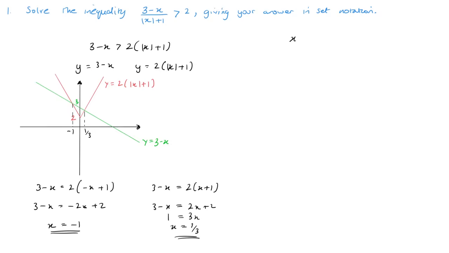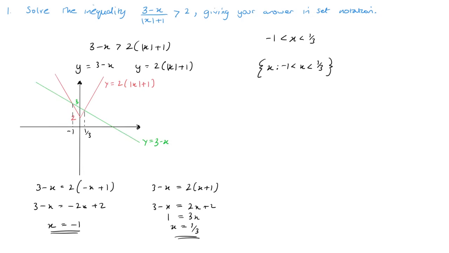So that means that x is between -1 and 1/3, and we want it in set notation. Sorry, I'm terrible with those squiggly brackets. That one's better. And there we have it in set notation. And that is question 1 complete.